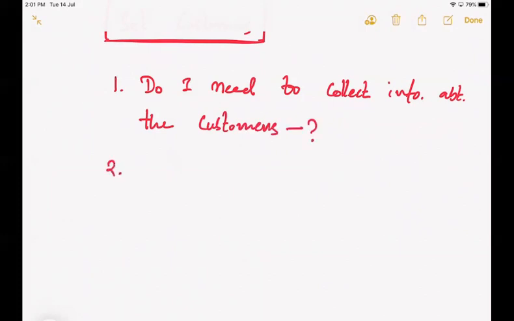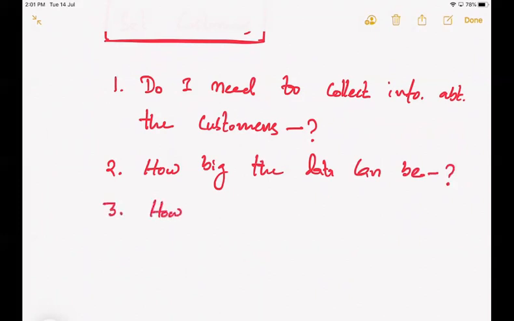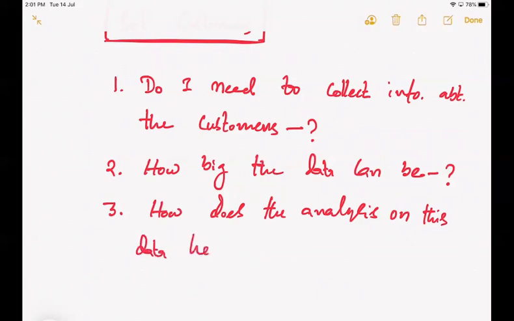Second question: how big can the data be? And the third: how does the analysis of this data help the business?